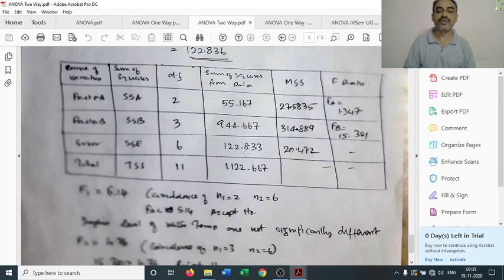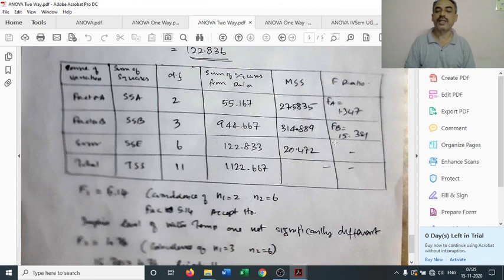The sums of squares we have found earlier from the data. Now mean sums of squares are obtained by dividing the sums of squares with the respective degrees of freedom. Now finding the F ratio for factor A and the F ratio for factor B. The F ratio for factor A is the MSS for factor A divided by the MSS of error, that is 27.5835 divided by 20.472.